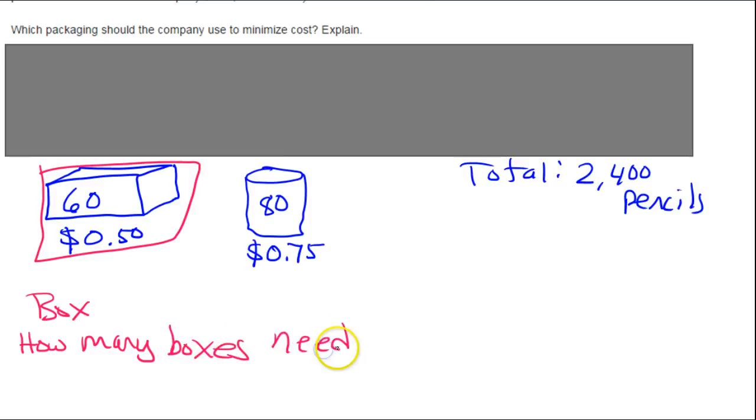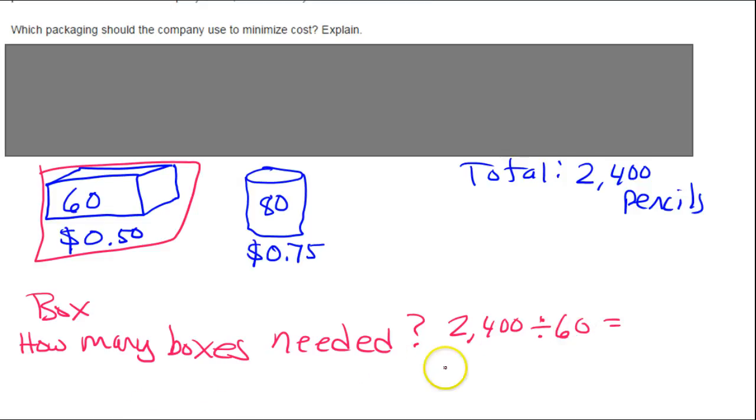To figure that out, we would do 2,400 divided by 60. However many times 60 goes into 2,400, that's how many boxes we're going to need.